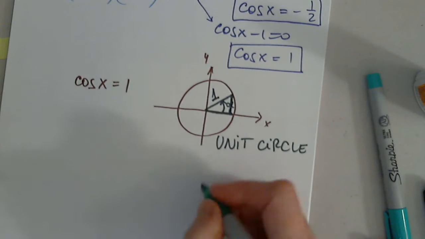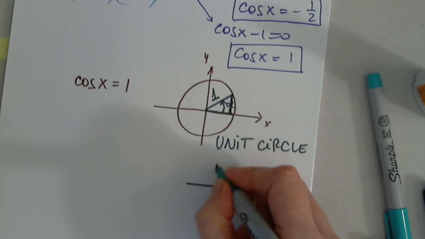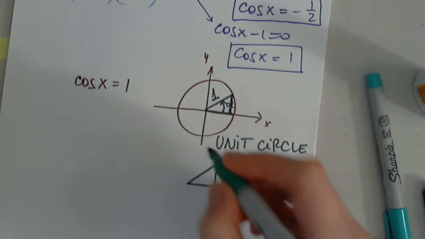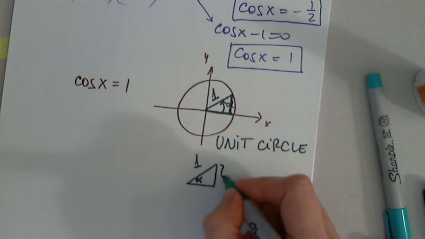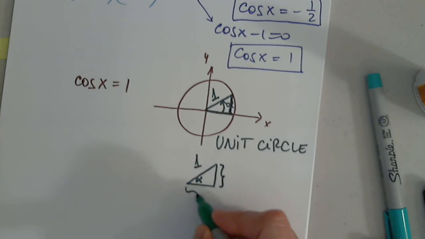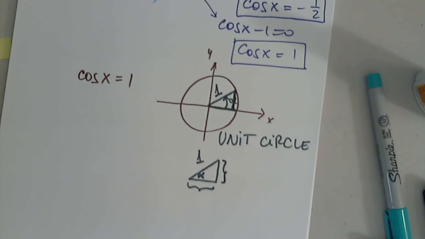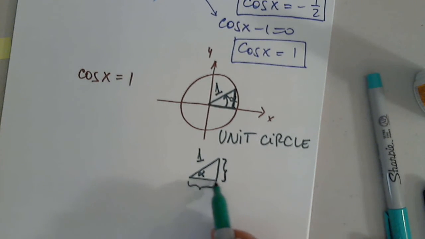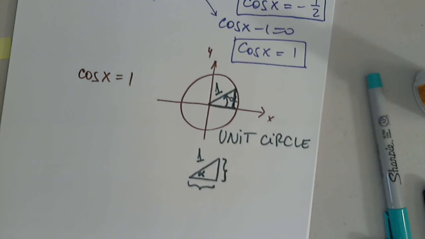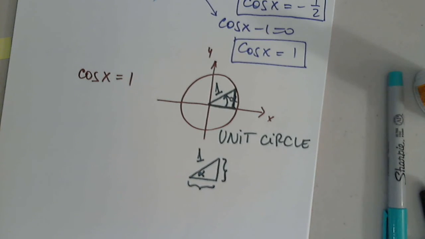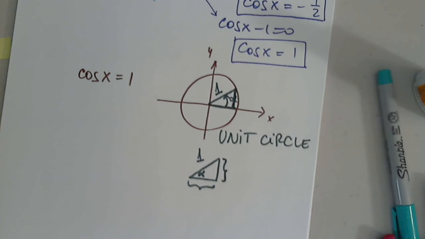I'm going to take that out of there so we can see it here. So this is 1, this is alpha. What is this piece and what is this piece? What do we measure on the x-axis and what do we measure on the y-axis? Cosine and sine? Yes, which one is on the x-axis and which one is on the y-axis?